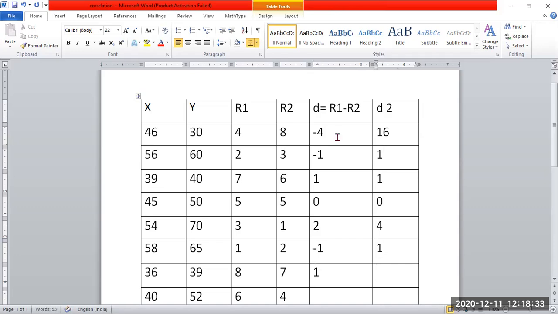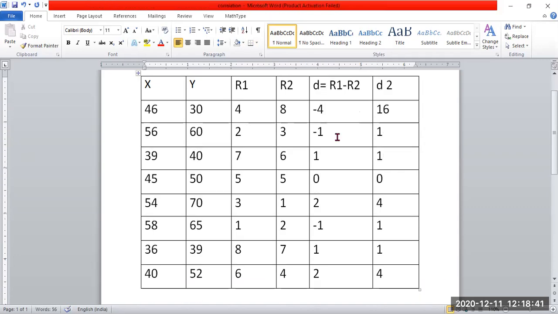Plus 1, there is a 1. 2, then 4. Can you have a total for summation d square? Summation d square is equal to 16, 17, 18, 19, 20, 24, 28. Summation d square is equal to 28.